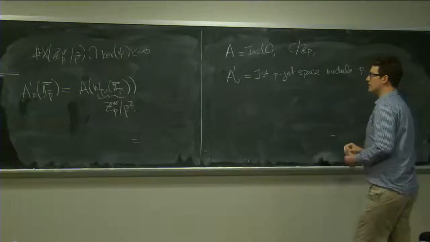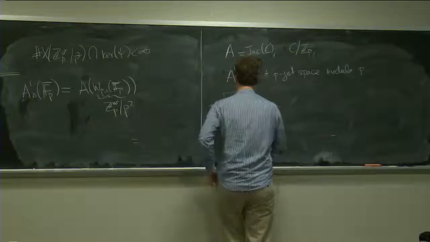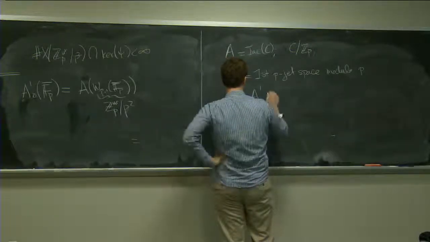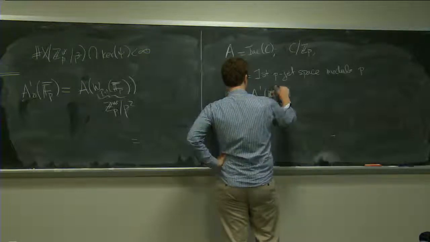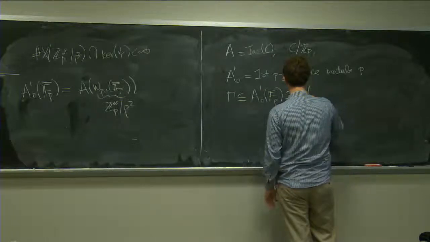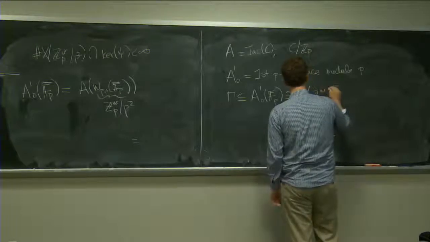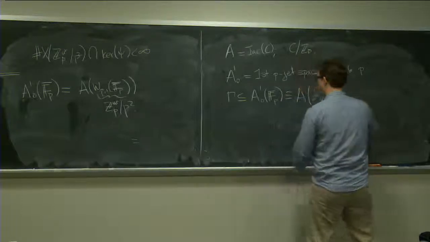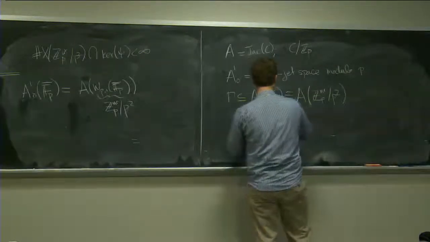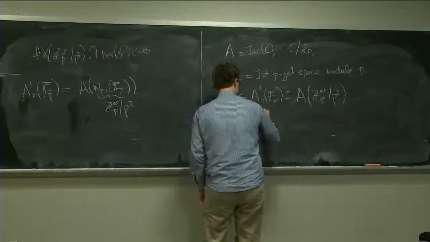Let's consider gamma, a subgroup of this thing here, A^{1,0}, and this thing, again by adjunction, is the same thing as A of Z_p mod p squared. I'm going to take this to be the prime-to-p torsion points.